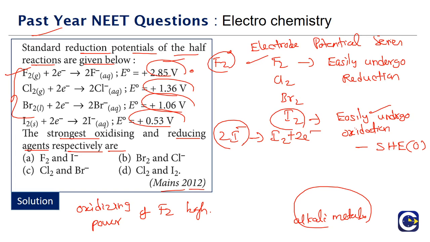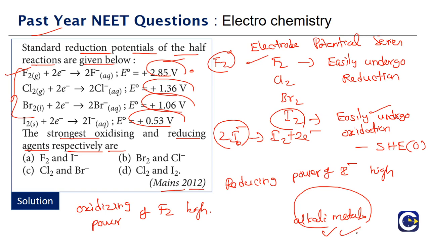And if I minus is easily able to undergo oxidation, means the reducing power of I minus is high. Here understand one thing, we are only talking about relative comparison, but actually speaking, the reducing power of the metals, especially the alkali metals, is going to be highest, because they will sit at the bottommost of the electrode potential series, correct?